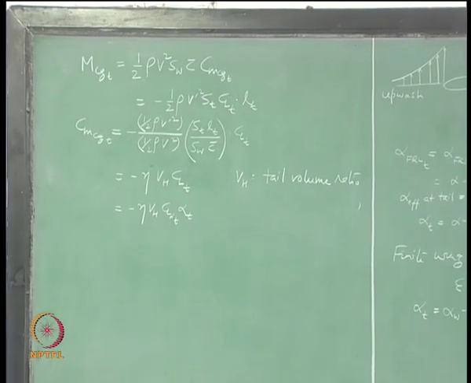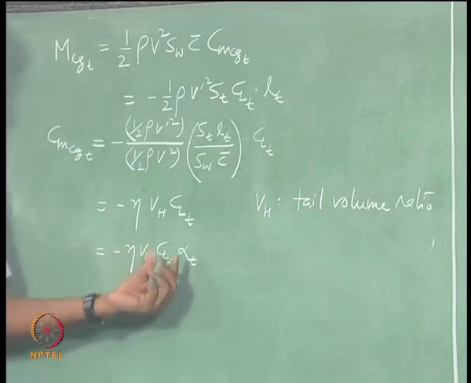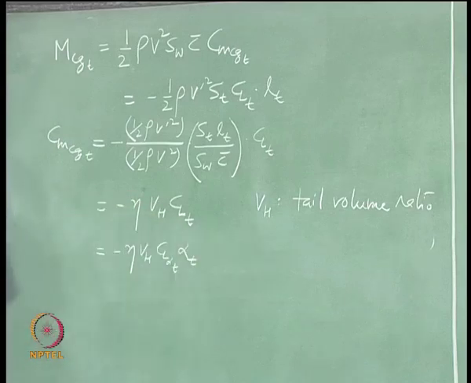Remember, everything we are doing here or throughout this course, we are doing it only in the pre-stall region. Okay. So, I can write this C_L_T as C_L alpha tail into alpha tail, right.